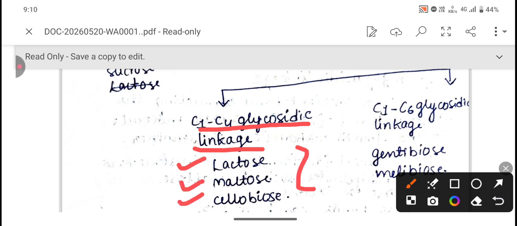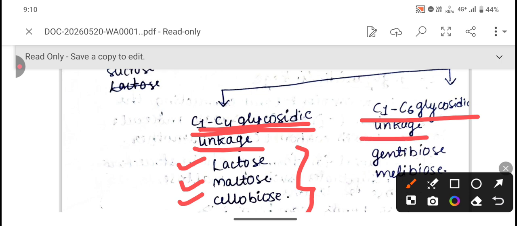These consist of a glycosidic bond between the C1 carbon atom and C4 carbon atom of two sugar units. Similarly, C1 C6 glycosidic linkage is present. Examples are gentiobiose and melibiose. The glycosidic bond forms between the C1 and C6 carbon atoms of two sugar units.